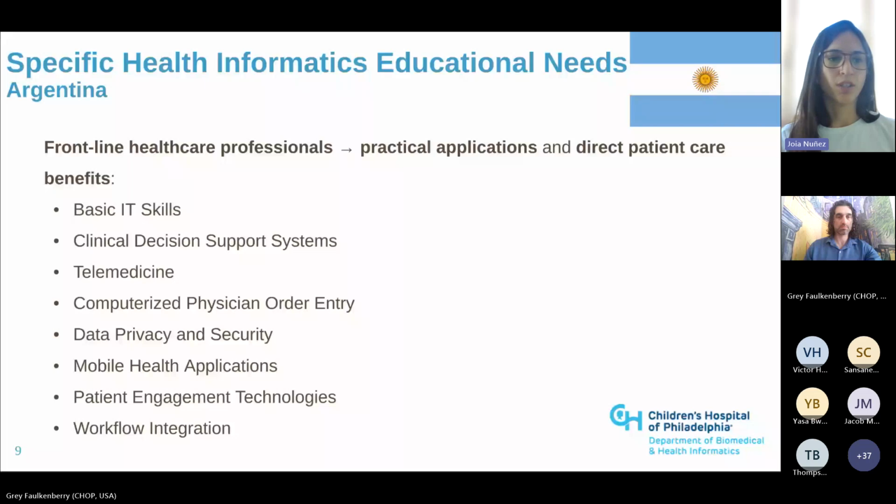This might include basic IT skills like computer, mobile, electronic health records, or being able to use telemedicine platforms or provide electronic prescriptions, as well as identify and be able to include the clinical decision support system, be aware of some data and security constraints.